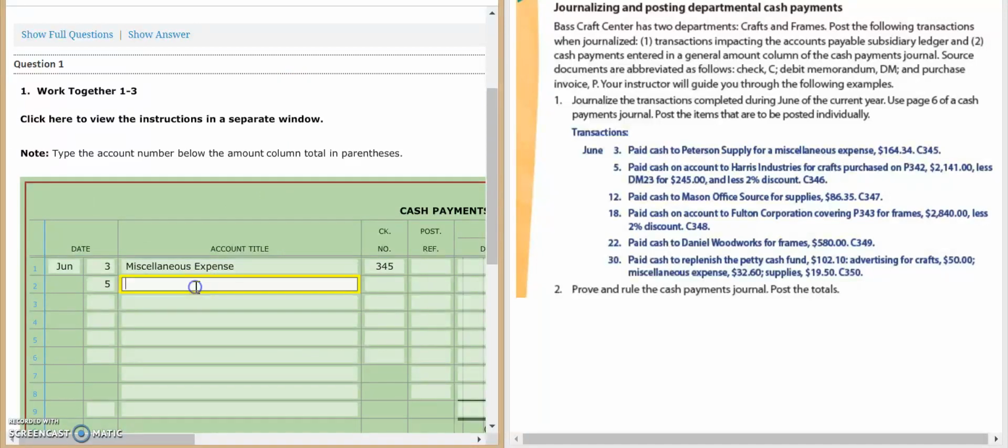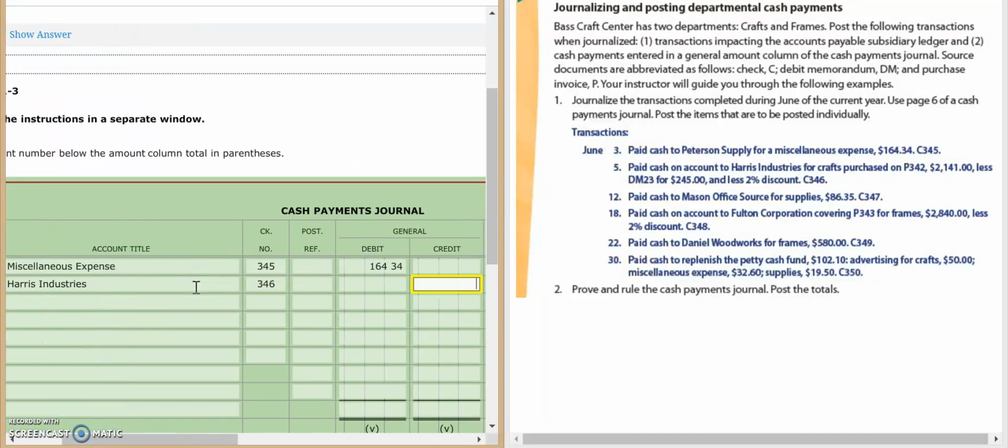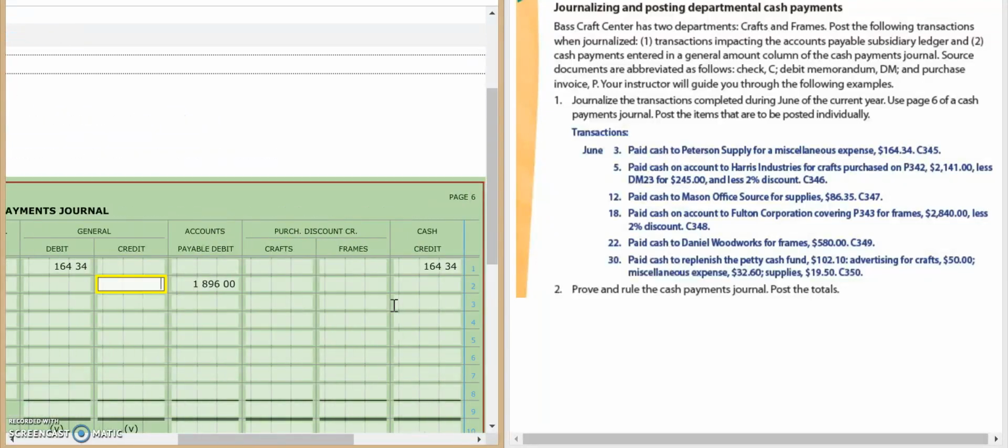Let's also sneak back over here and put in Harris Industries, because I got so excited about doing some math that I forgot to do that. 346 is our check number. There isn't going to be anything in our general debit or general credit, but as we scroll over here, remember this is the amount that we owe them, the $18.96. And we are going to instead pay a 2% discount on that. So we take $18.96 times 0.2%, which is $37.92.